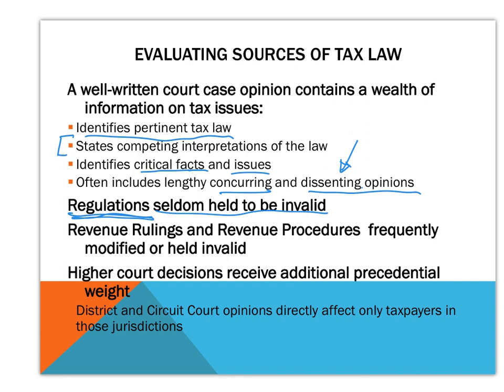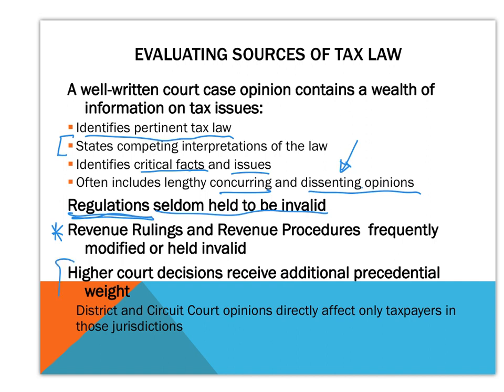Revenue rulings and revenue procedures are also primary authorities, but they are frequently modified or found invalid as the code changes, as courts change. So you want to be very, very careful with revenue rulings and revenue procedures, okay?